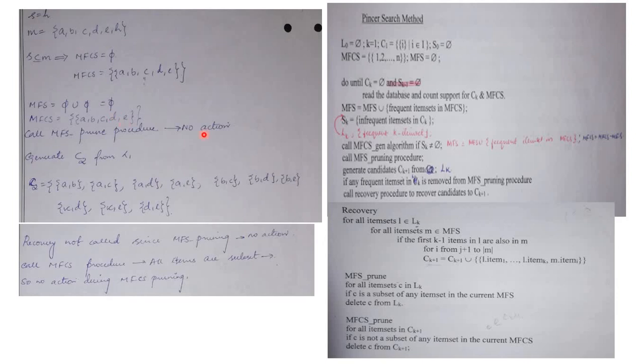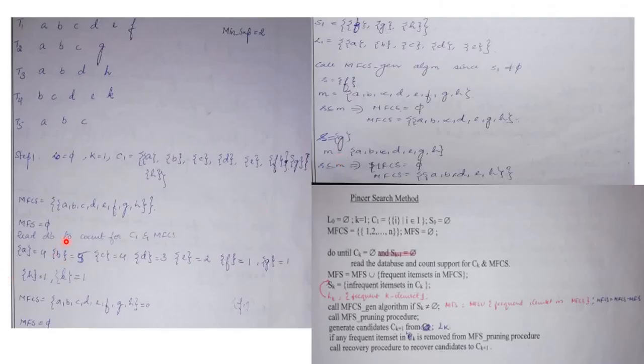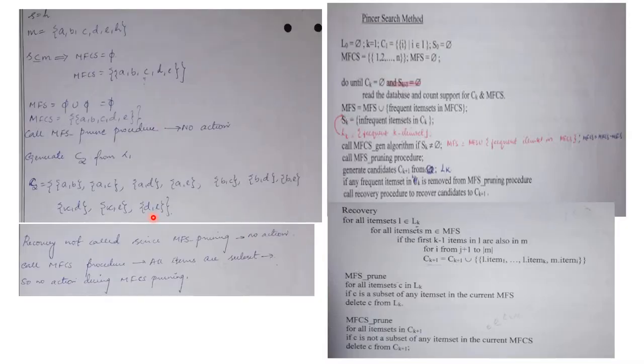So as of now, the count of the item set present in MFCS, that is my initial A, B, C, D, E, F, G, H, is 0. My MFS still remains the null set, and MFCS will be A, B, C, D, E only, because A, B, C, D, E minus the null set is the same, A, B, C, D, E.